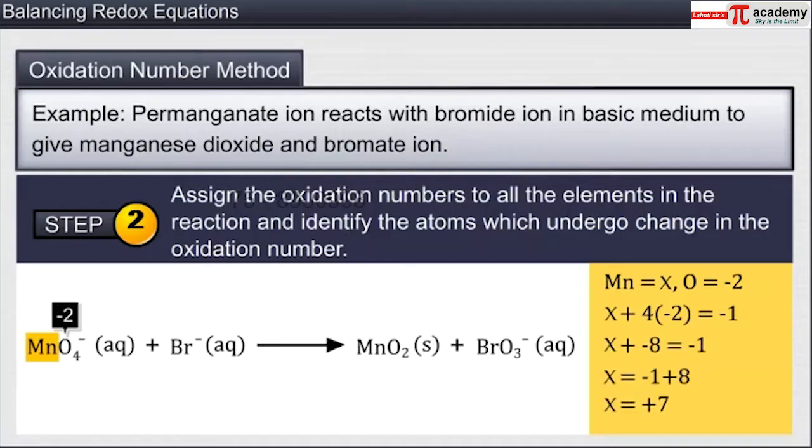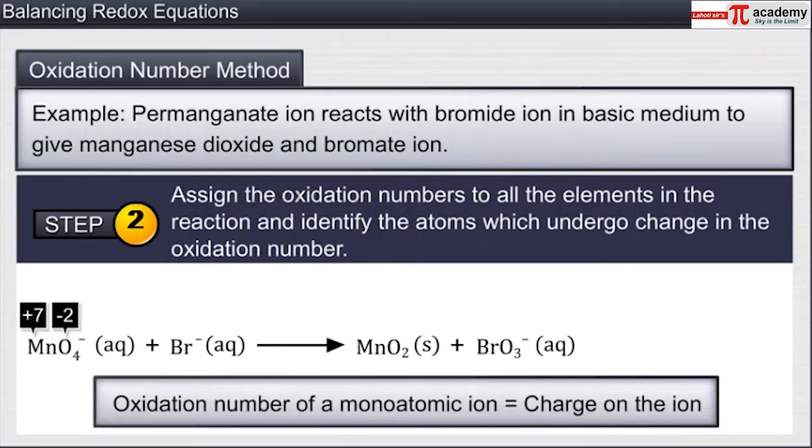Thus, the oxidation number of manganese is +7. We also know that the oxidation number of a monoatomic ion is the same as the charge on the ion. So, in the case of bromide ion, the oxidation number will be -1.